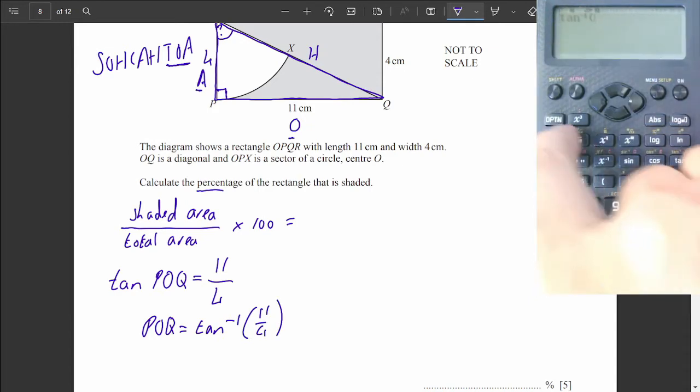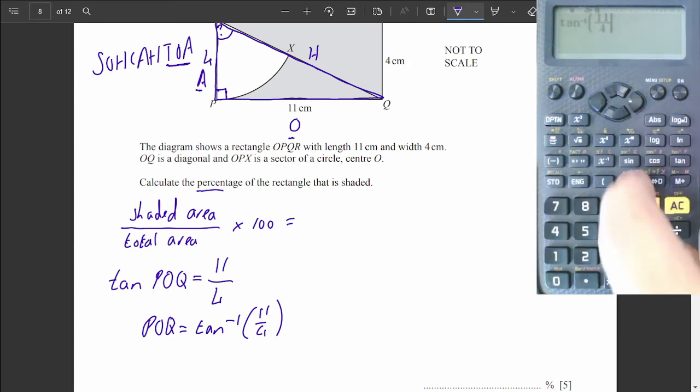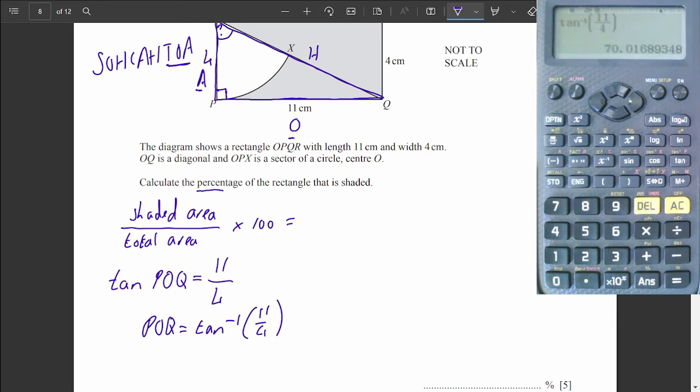Shift tan, fraction 11 over 4, bracket. And there we go. Now remember, this is not our final answer, so don't round this. Leave a good amount of significant figures. Okay, so we got that angle there.